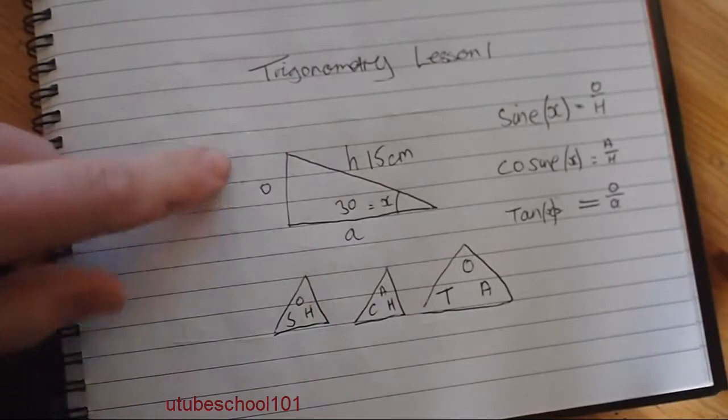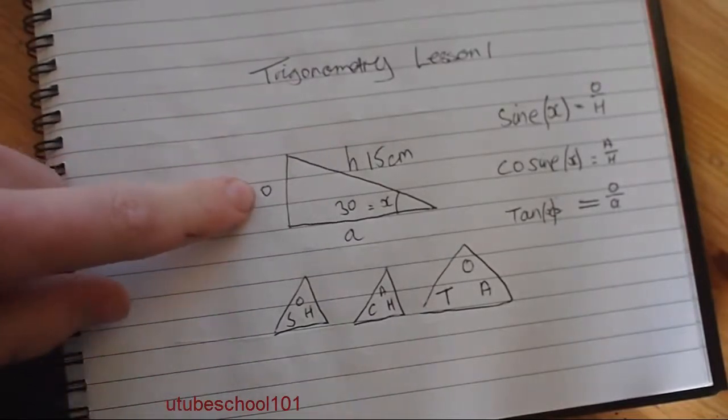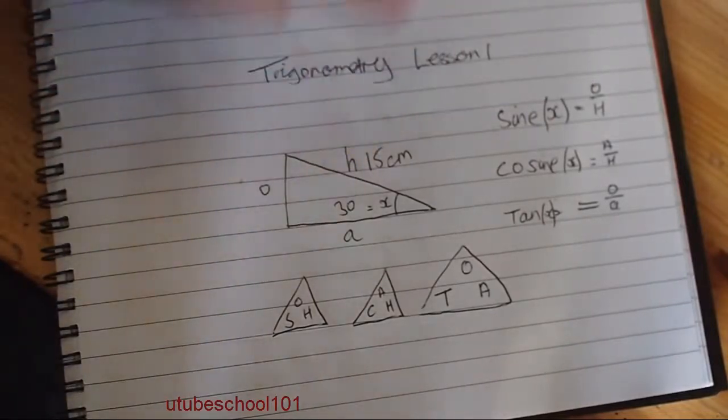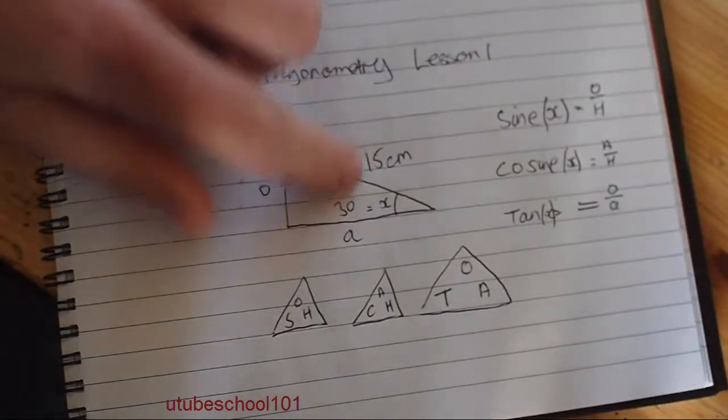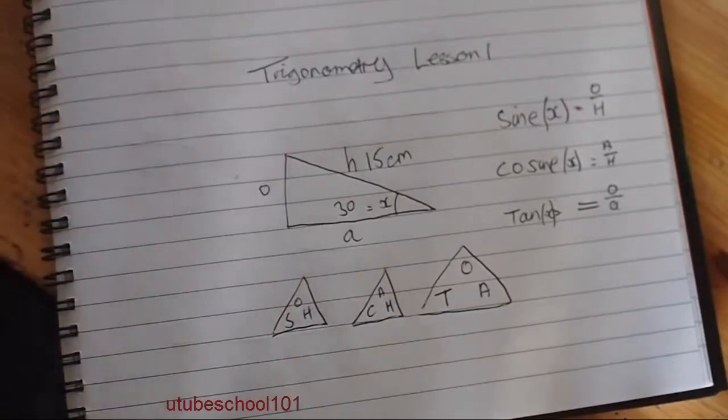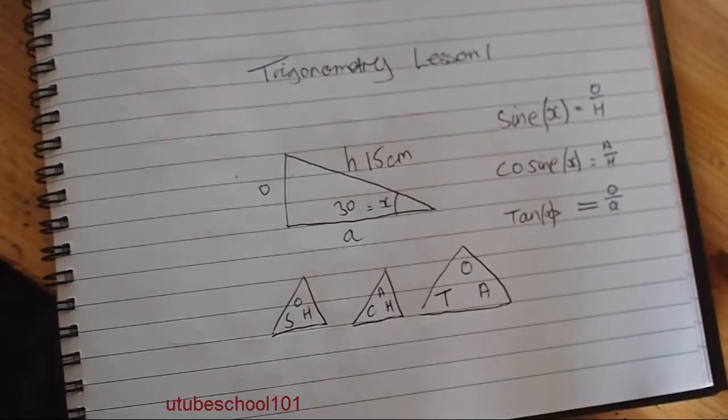In this example I'm going to say I want to find out the opposite. So which sides are in focus? The hypotenuse obviously is, because we have the measurement, and the opposite is also in focus because we want to find it out. And that's very important. We don't need to worry too much about the angle here.